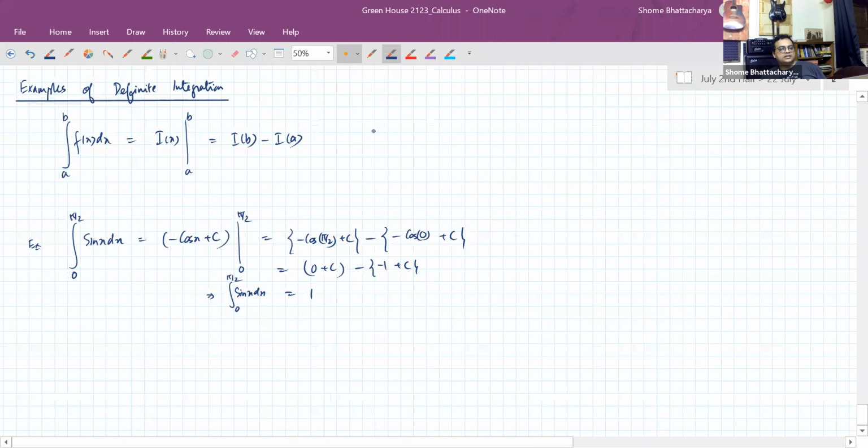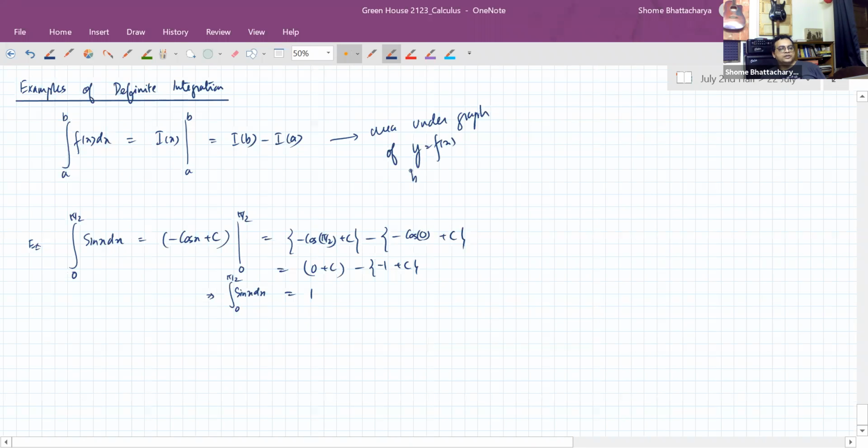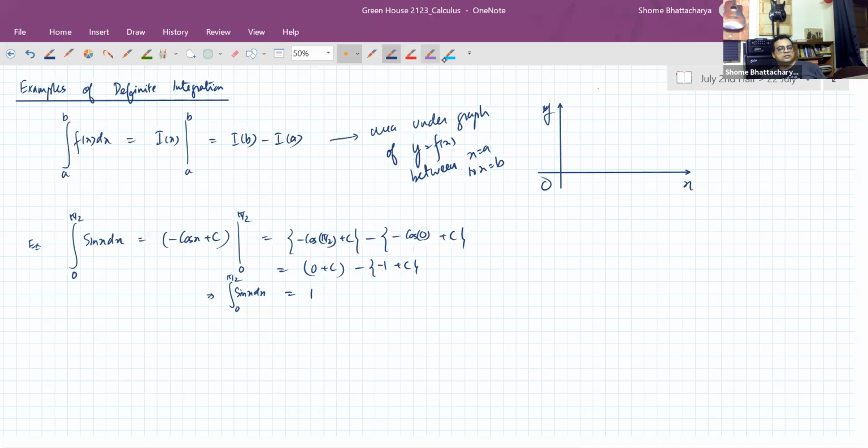This is actually the area under the graph of y equal to fx between x equal to a and x equal to b. So let's say this curve represents the graph of the function y equal to fx, and this point is x equal to a, this point is x equal to b.